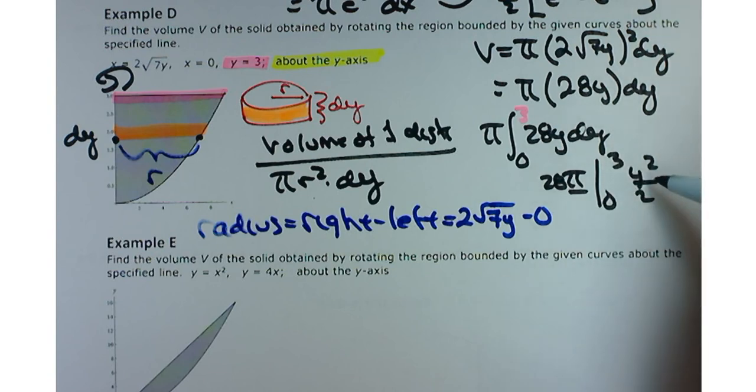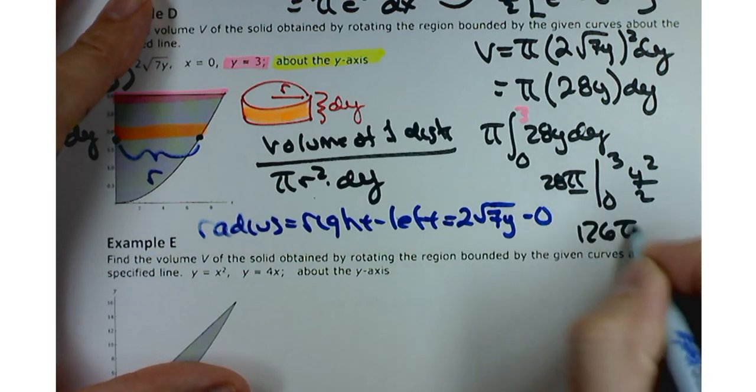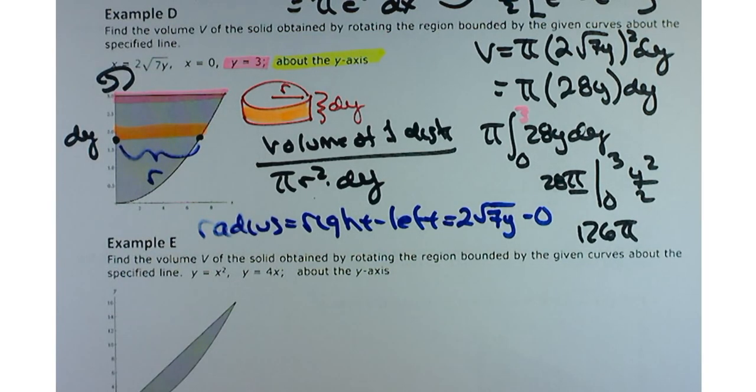So 9 over 2 times 28 pi. The 2 is going to cancel. So I'll be left with 14 times 9, which is what, 126? So 126 pi when it's all said and done. Whew.